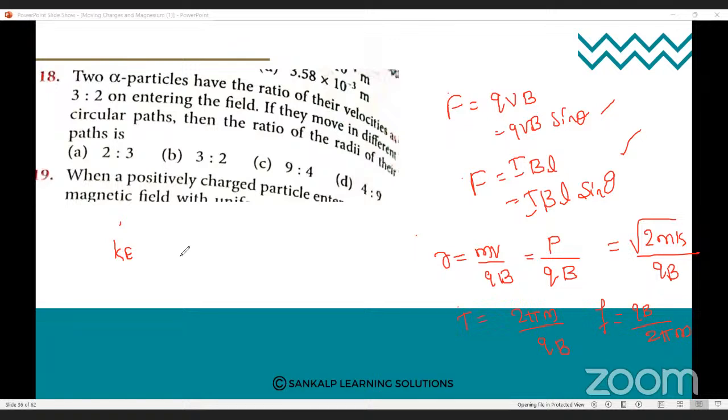There we can substitute the value of velocity. So before taking the kinetic energy, take the angular velocity.